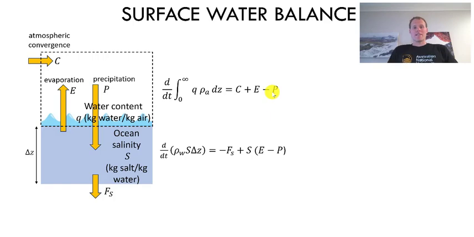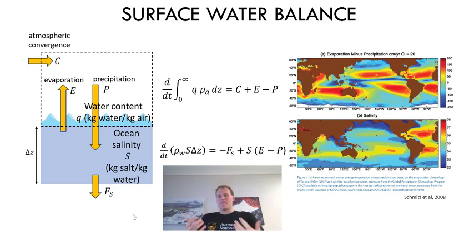And so if you write that down, what you'll find is that the change in the salt content of this mixed layer, which is the seawater density by the salinity by the depth of that layer, say the mixed layer depth, so the change in time of that is the E minus P, so the net loss of moisture multiplied by the salinity, minus any flux of salt that occurs either vertically through the bottom of the mixed layer or horizontally to other regions of the ocean. And so you can see that there's this similarity or link between the moisture budget in the air above the surface and the salt budget in the water below the surface.